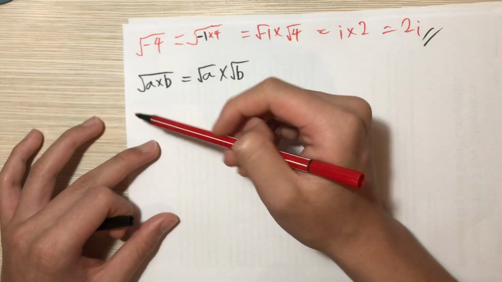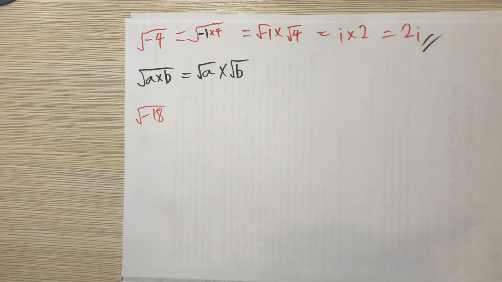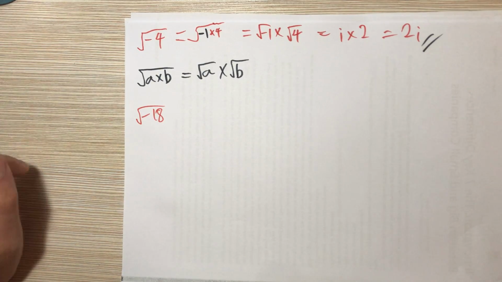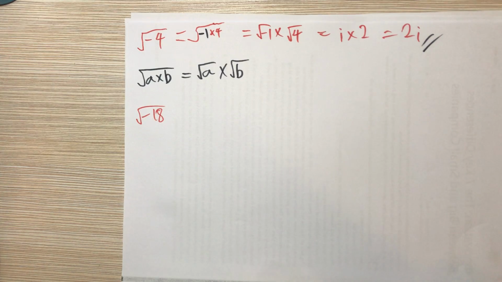So what about the square root of negative 18? Now we are simplifying the square root. So we have to think which factor of 18 is a squared number. 1, 2, 3, 6, 9.